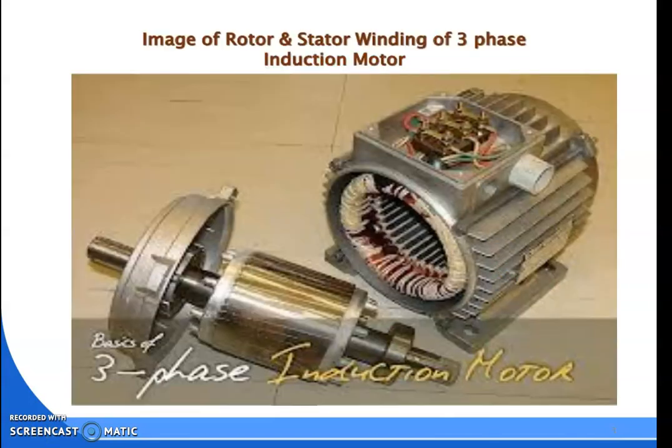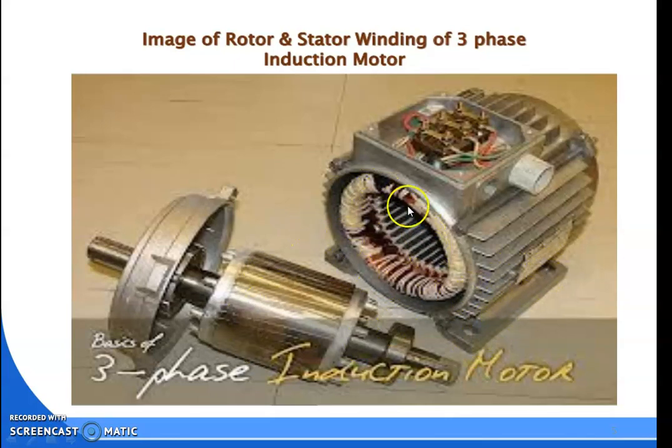Now see, this is the image of the rotor winding and stator winding of a three-phase induction motor. Here, this is the stator winding, this is the rotor winding. This is the shaft, and the rotor winding is mounted over the shaft. Here is the non-drive part of the machine.